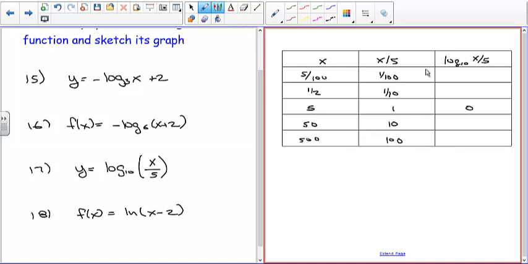Then when we take the log, the log of x over 5 is -1, and the log of 1/100th is going to be -2, and this is going to be +1, this is going to be +2.